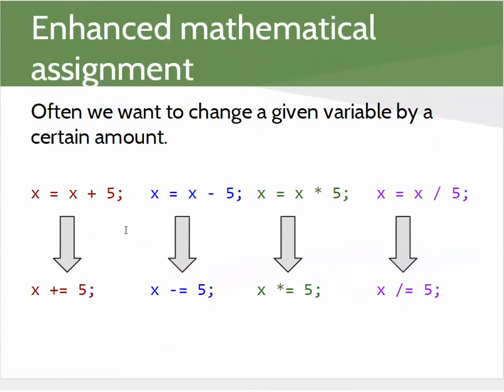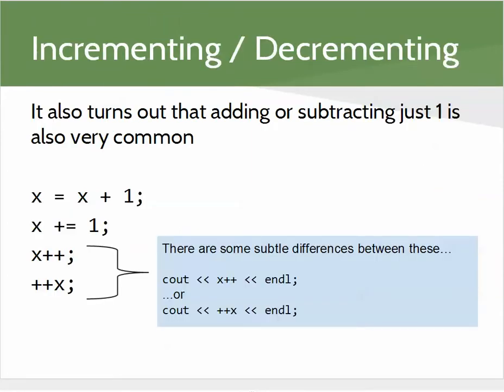Finally, this shorthand exists because after years of programming, we see that we actually do these types of operations quite frequently. We update individual variables. We also tend to update or increment or decrement variables by 1 very, very commonly. And because that's so common, we've got a plus plus operator that will serve that purpose as well.